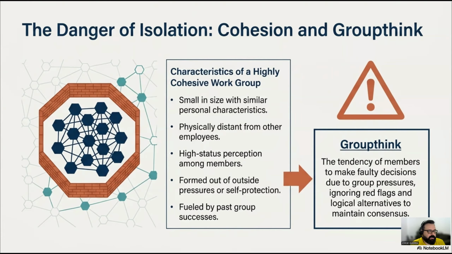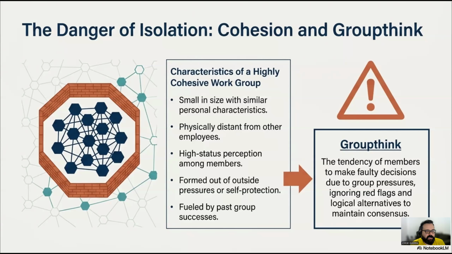Now, this is where things can go a little wrong. A highly cohesive group, where everybody thinks alike, everybody trusts each other, everybody works closely and everybody feels unified. This might sound like a good thing, and a lot of times it is, but there is a danger, there is a caveat.